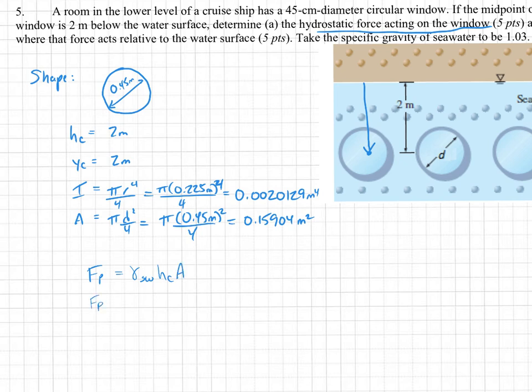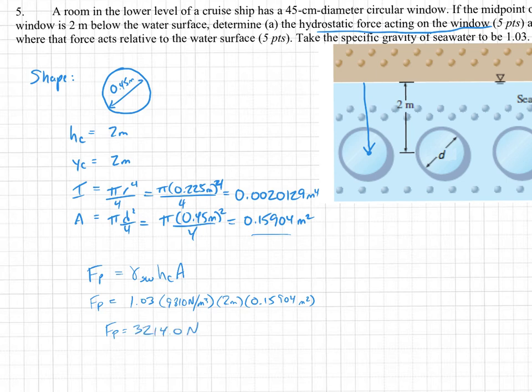So the force of pressure equals the gamma of seawater, that's 1.03 times 9810 newtons per meter cubed, times HC, which is 2 meters, and the area, 0.15904 meters squared. So FP equals 3214 newtons.